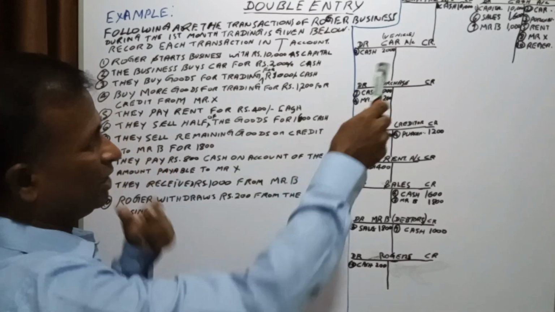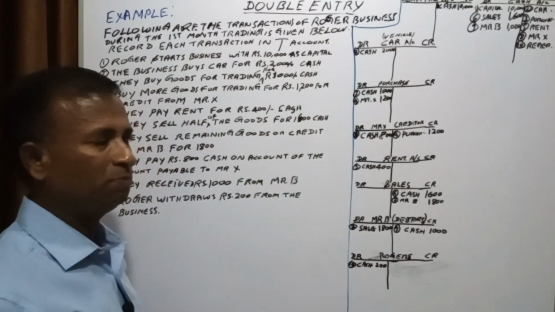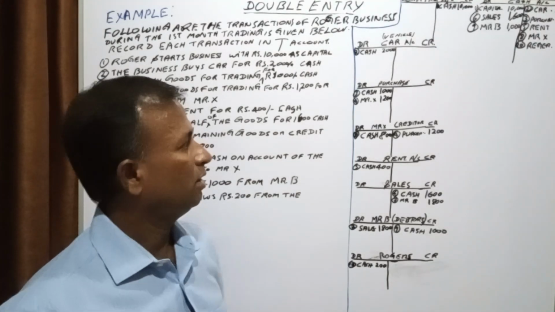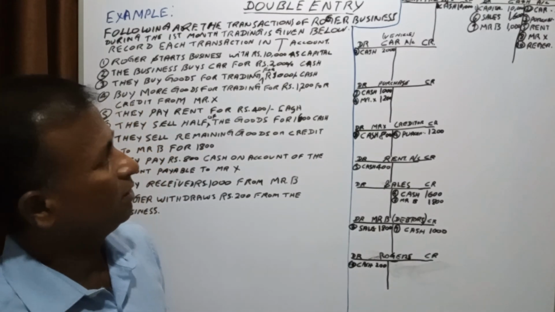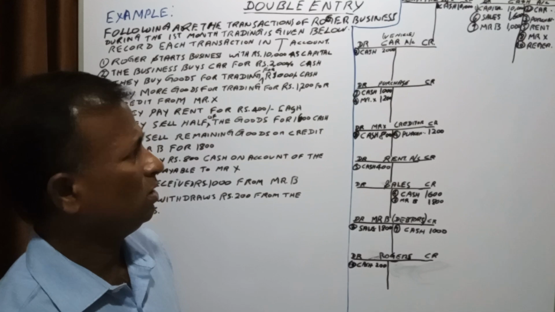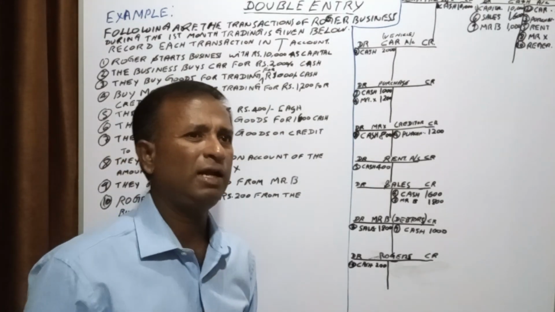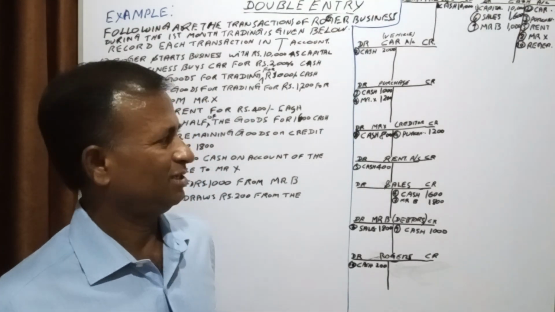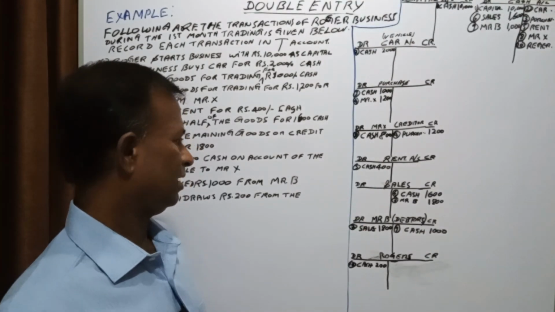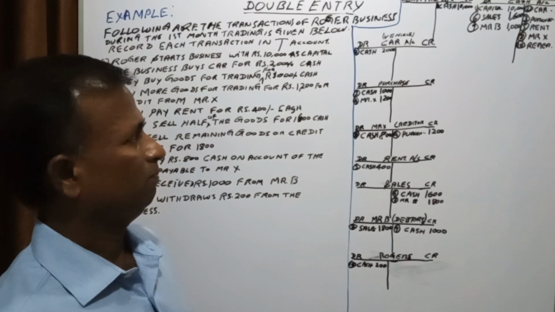This is the T account. I hope you have understood the T accounts, and we can go on to the small P&L and balance sheet for you all to understand.